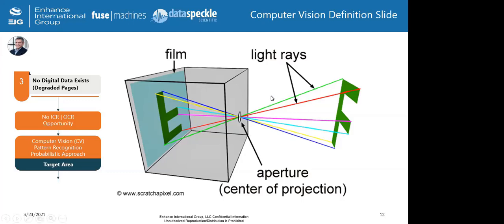And the discovery here is that if you have a box and a hole, then you can obtain an inverted image of the object at the back of that box. That surface of the box, we usually call the image plane.